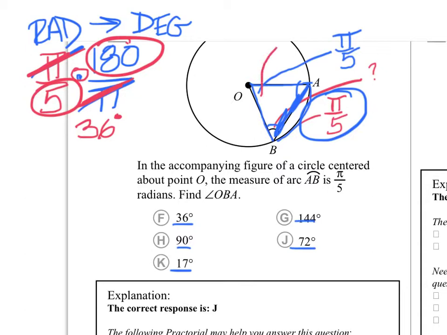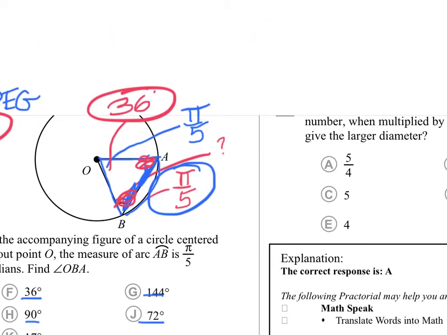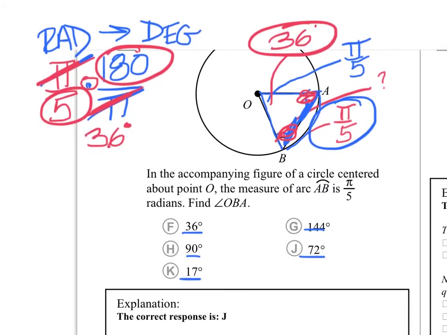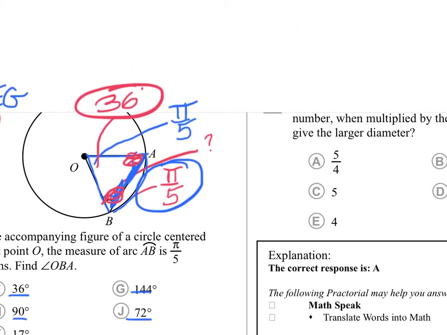So inside here, we found that this is 36 degrees. If this angle measurement is 36 degrees, and we know that this one and this one must be the same, you can set this up. Okay, hold on. Can you take 180 minus 36, find out whatever the answer is there, and then divide by 2?